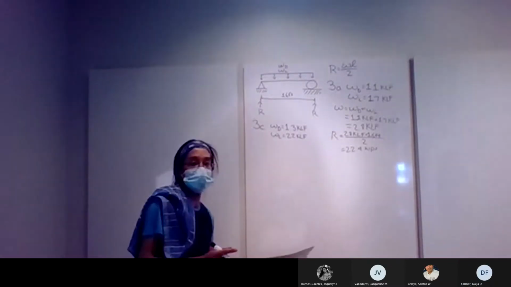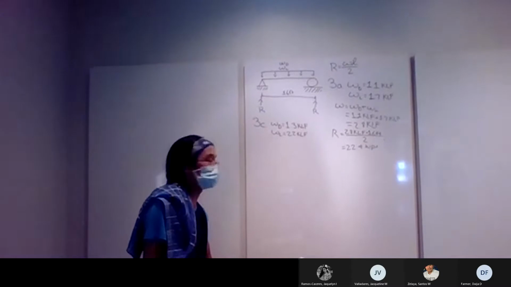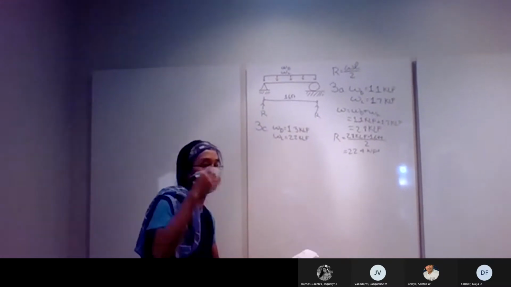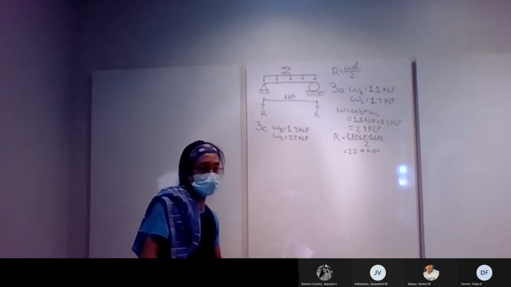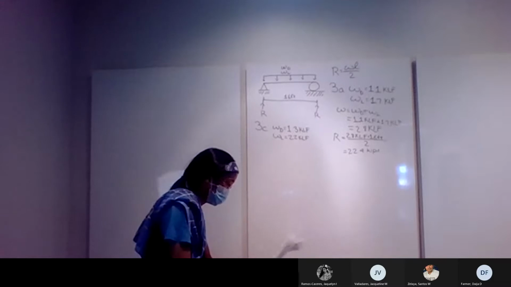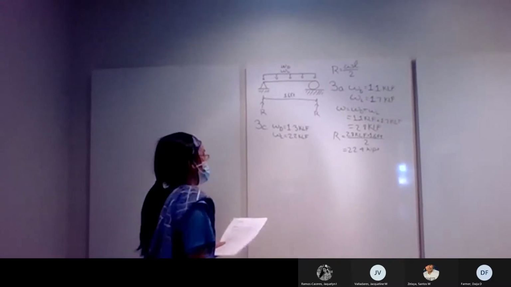So now we have to factor. We have to factor these loads because they're asking for ultimate reaction. So you have to factor the loads. You have to add a bit of leeway for just fluctuations in load or whatnot. So we're given two numbers.